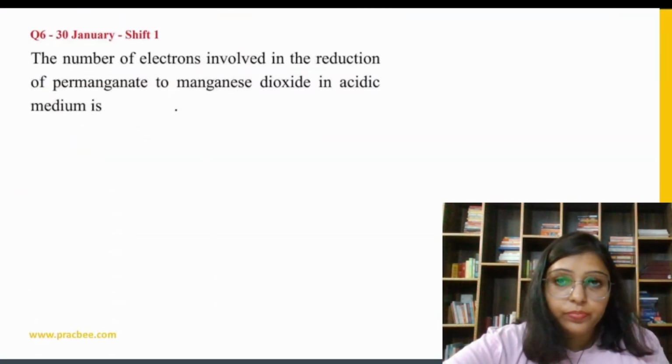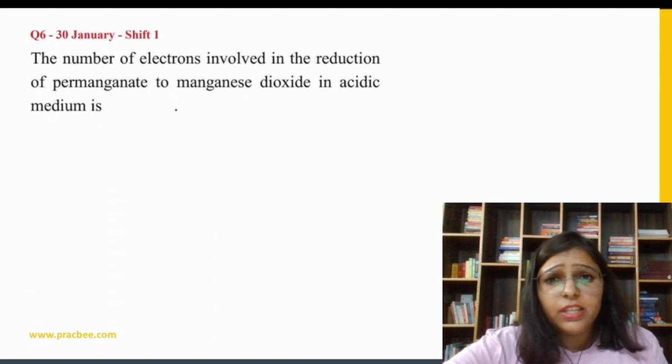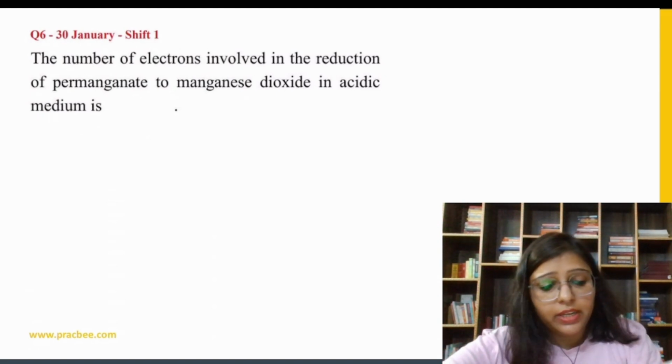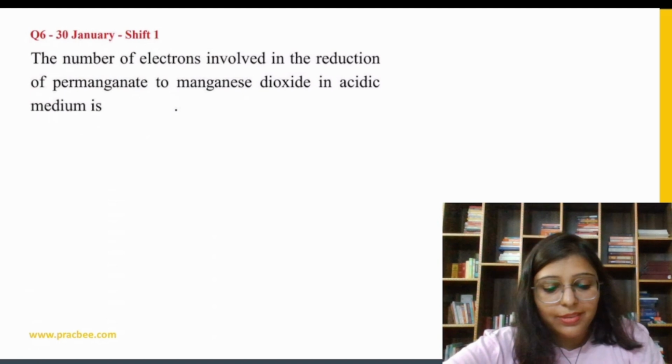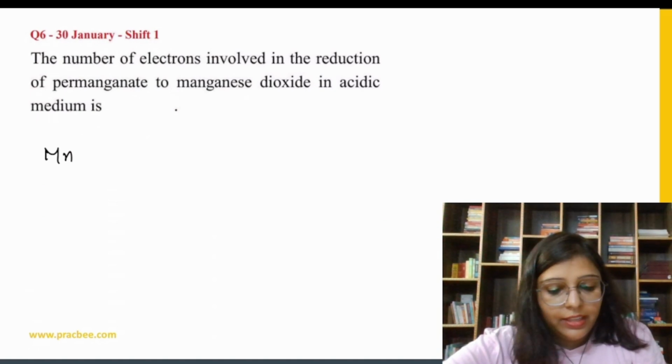Let's do the next question. Number of electrons involved in the reduction of permanganate to manganese dioxide in acidic medium. In the reduction of permanganate to MnO2, it is basically 3 electrons only.